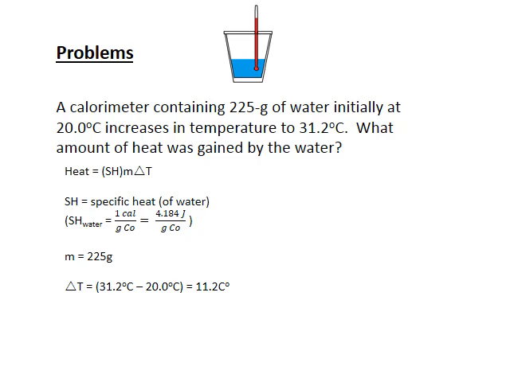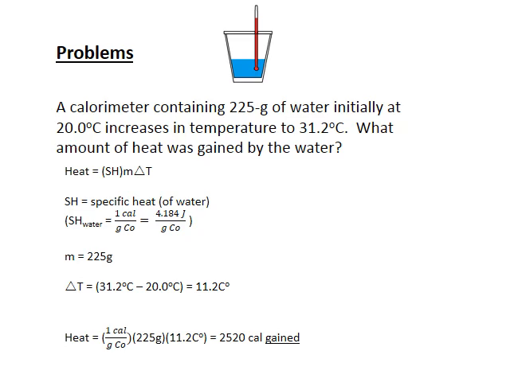So the final temperature is 31.2 degrees Celsius. The initial temperature was 20, so if I just do a simple subtraction, I find that the temperature increased by 11.2 degrees Celsius. Or you might notice that I've got Celsius degrees here. Grammatically, if we take a difference, then we're talking about Celsius degrees.